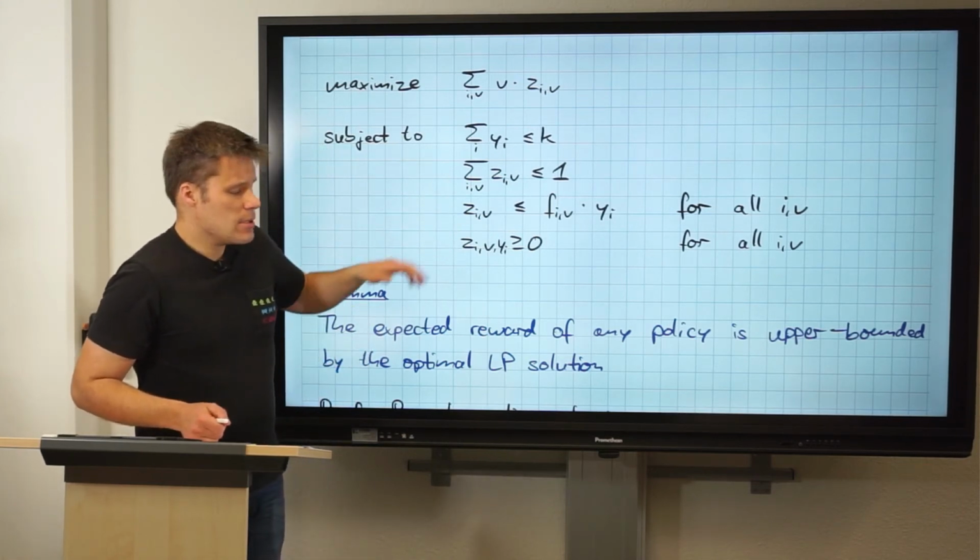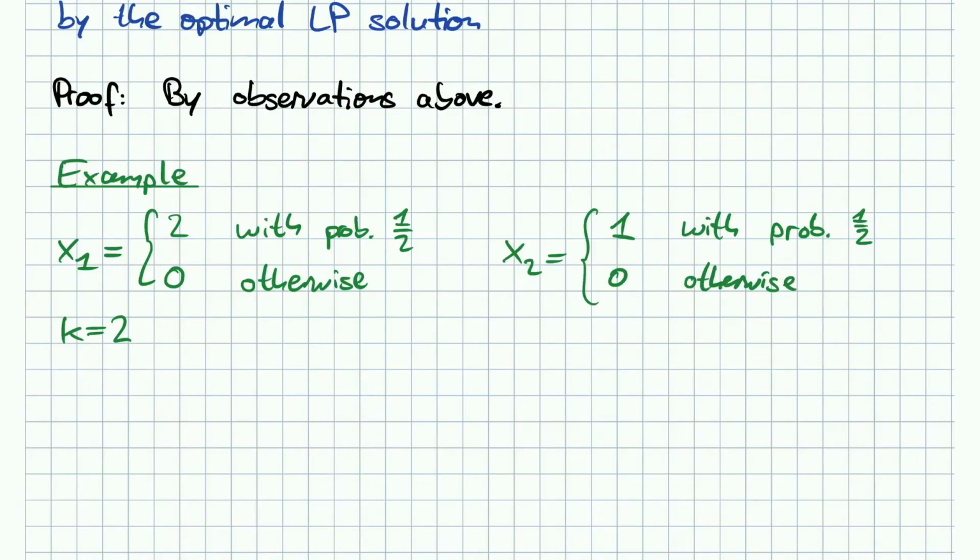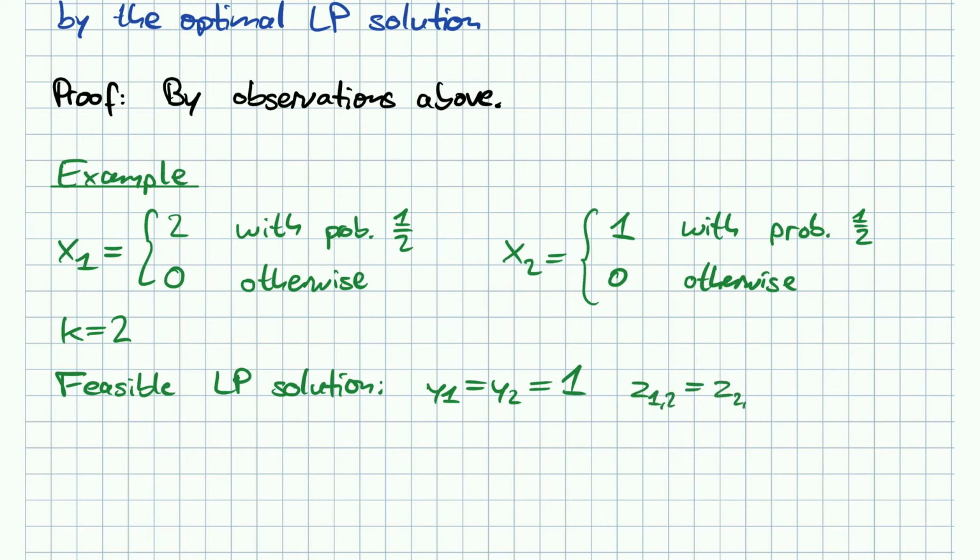Then also these constraints are fulfilled. So it is a feasible LP solution to set y1 and y2 to 1 and z1,2 and z2,1 equal to a half each.